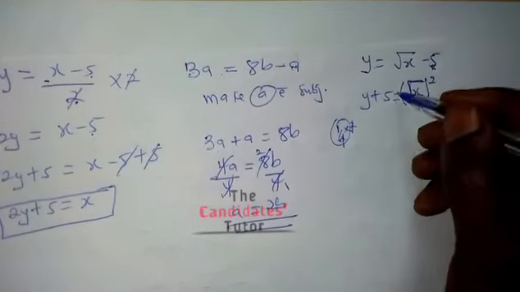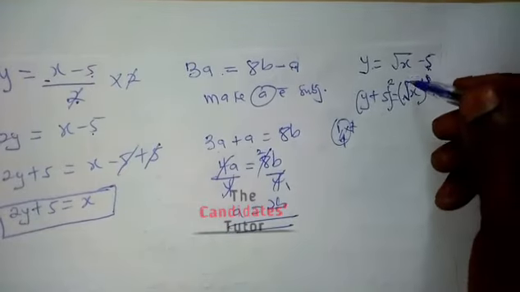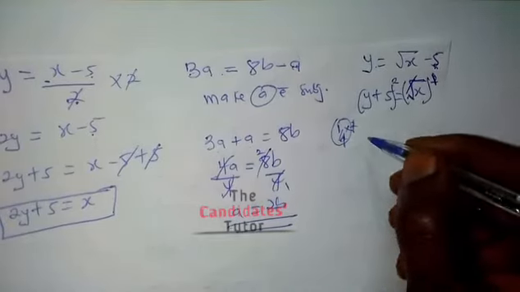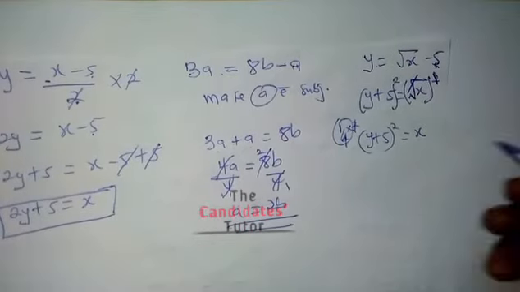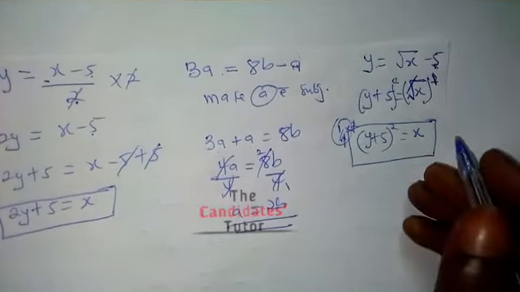We square here, then we square all this, so that this will cancel the square root. Square always cancels square root. You can keep that. Square always cancels square root, so that we have y plus 5 all squared to be equal to x, and that becomes our final answer. You can choose to expand or leave it like that.